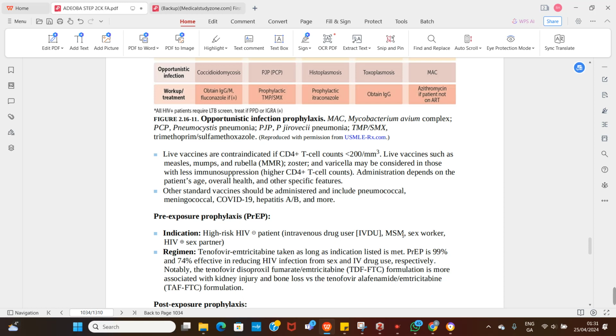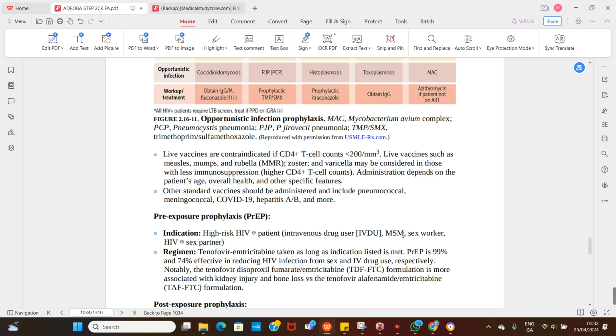The intranasal one is live. So COVID-19, which is now rampant, you have to give the COVID-19 vaccine and hepatitis A and B. Of course, because people that develop HIV might have high risk factors for STIs. So you have to give the vaccine against hepatitis A and B. So we should not forget that.